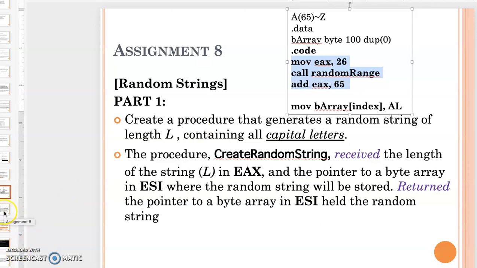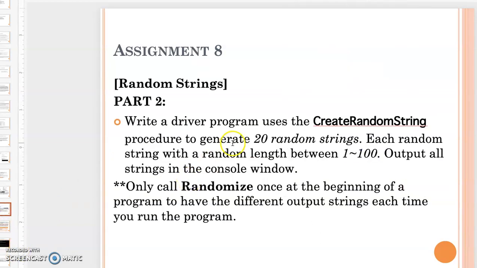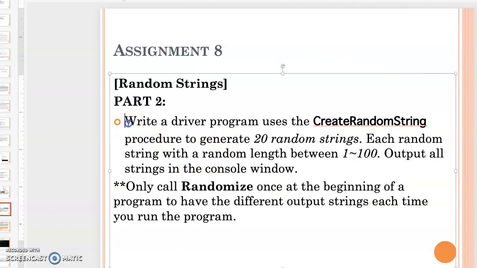So now we come to the second part. In the main function, you need to think about how you will write your loop to have the 20 random strings. Each time, your EAX passed comes from your random range. Last week when we talked about the random range, you did ask whether we need to have the seed or not.